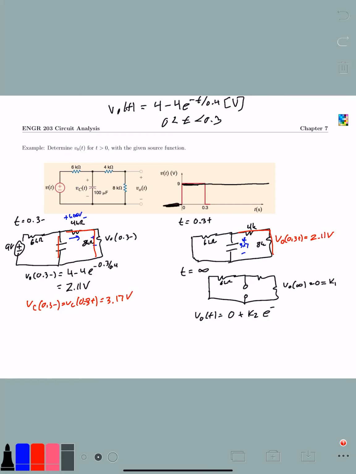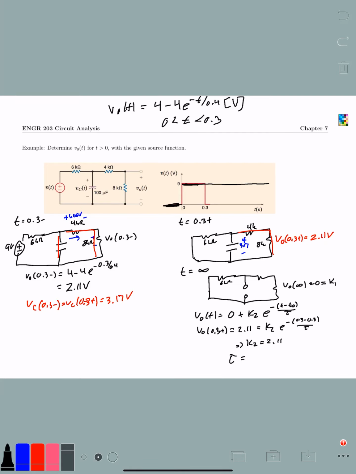Now there is one small difference here. When you're changing at a time other than 0, you don't just do minus t over tau, you do minus t naught over tau. Okay, well, V0 of 0.3 plus is 2.11, which is K2 e to the minus 0.3 minus 0.3 over tau. That gives me my K2 is 2.11.